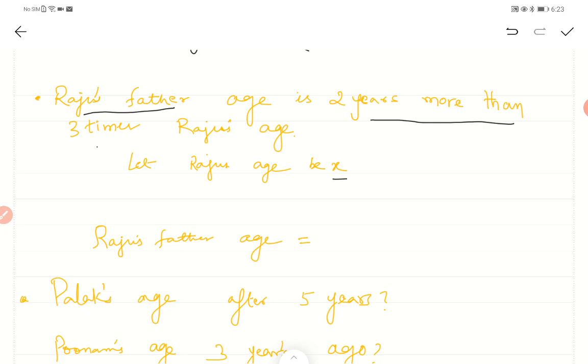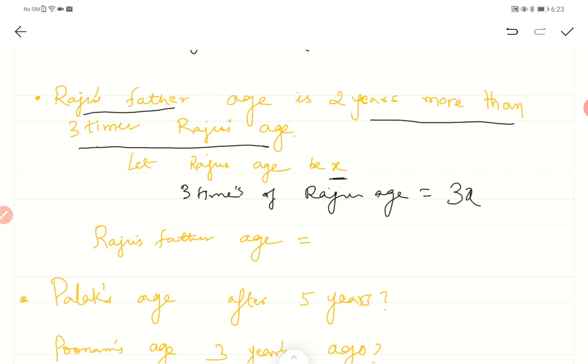Okay, so here we have to make Raju's age 3 times. 3 times Raju's age will be what? 3 times Raju's age will be 3x, right? x is Raju's age, so we are taking it as 3x. Now we want to find Raju's father's age. So Raju's father's age is how much? 2 years more than 3 times Raju's age. So that is 3 times Raju's age plus 2.